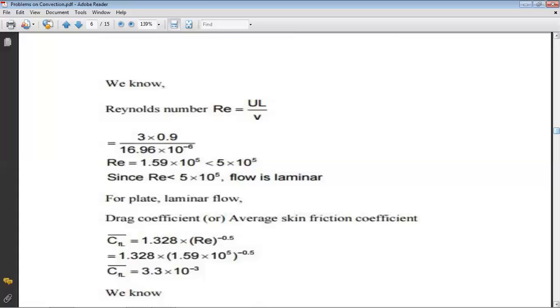Now, for laminar flow, the drag coefficient or average skin friction coefficient is given by 1.328 into Re to the power minus 0.5. You will have the average friction coefficient as 3.3 into 10 raised to minus 3.